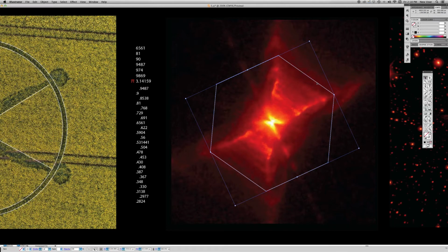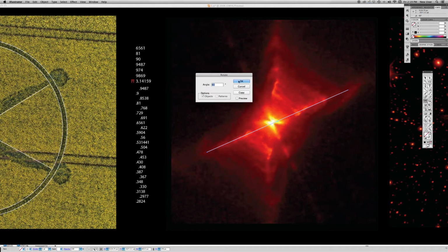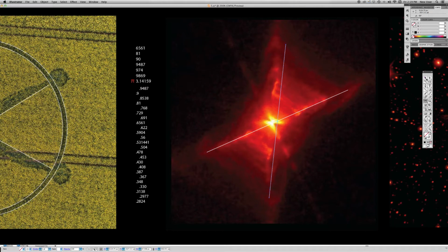Just to give you an idea of where we're going, I'll start with a pen tool here and rotate that by 60 degrees. Now it comes up off center because the original one is not very centered, but that's 60 degrees there.